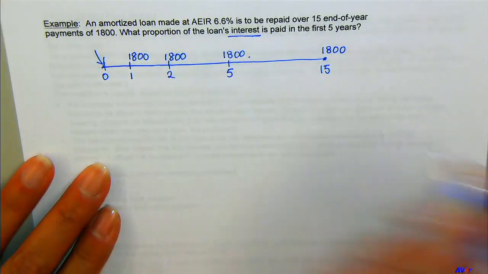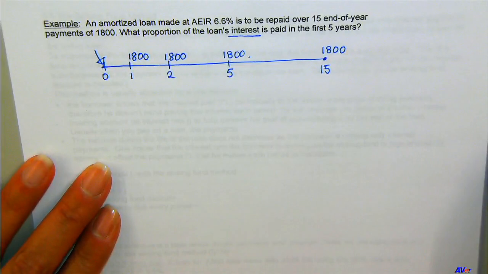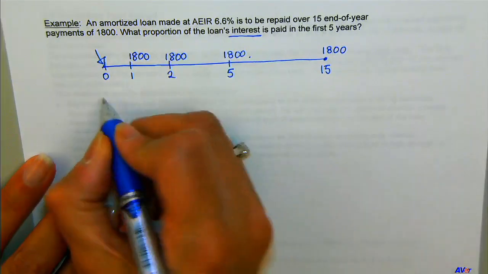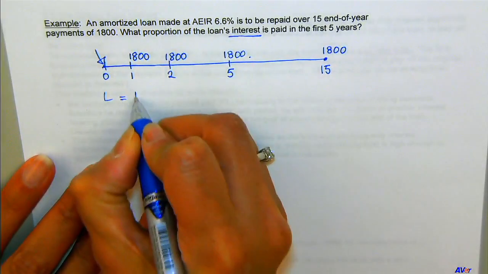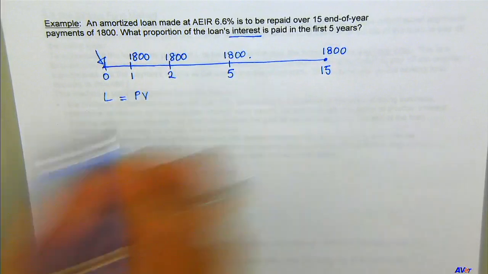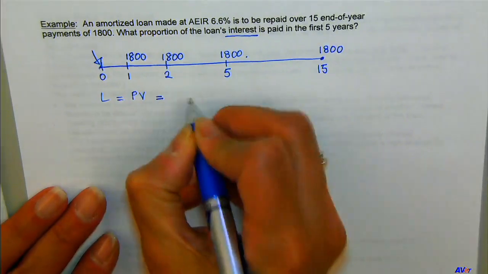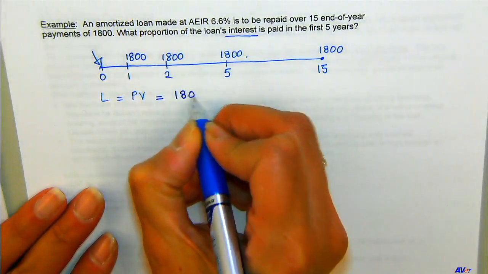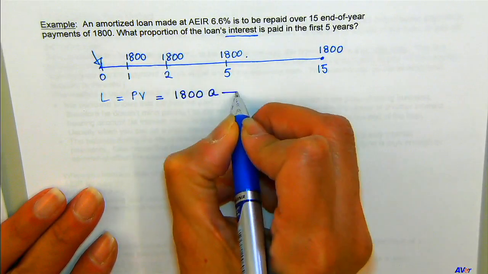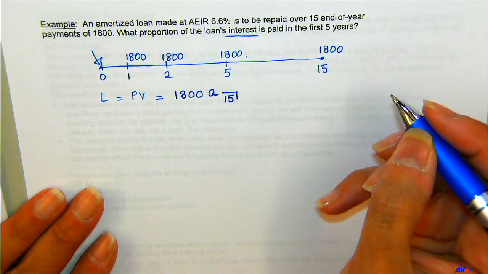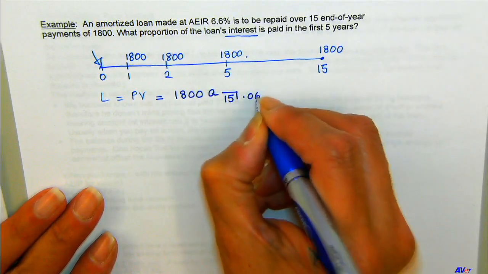So, how much is the loan? The loan is equal to the present value, which is equal to what? Can I say 1,800 A angle 15 at 0.066?